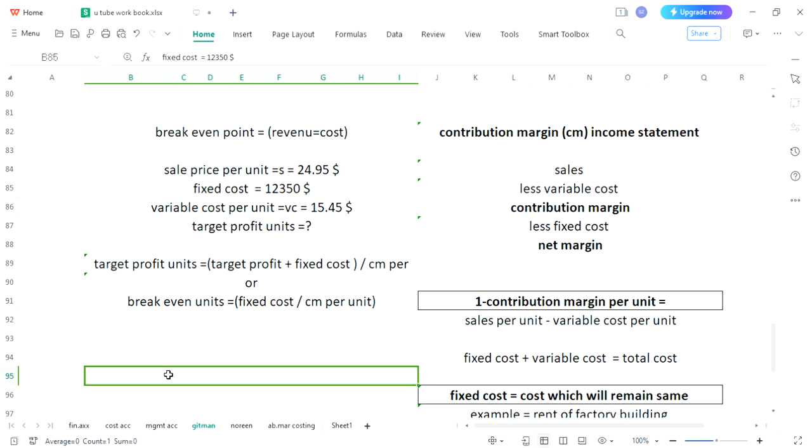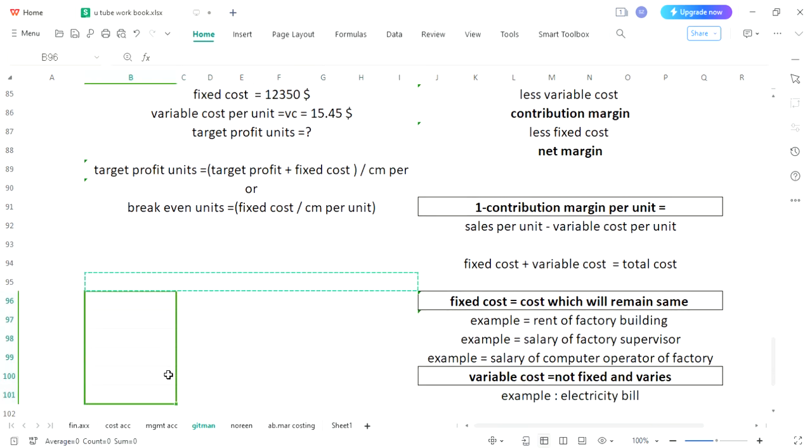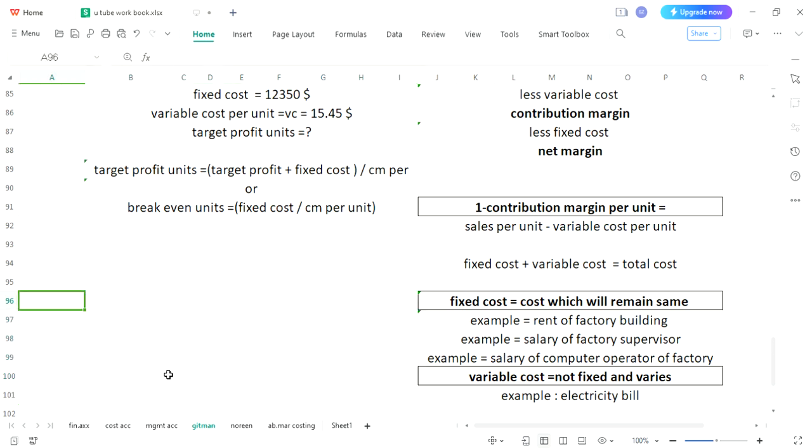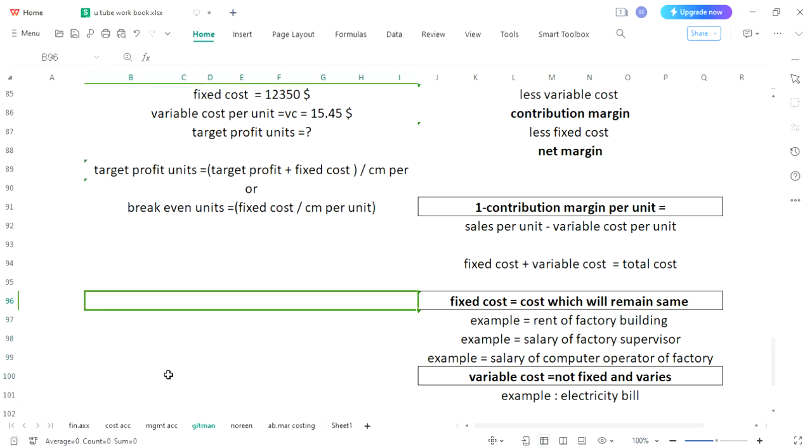Here we can have our CM per unit. This is contribution margin per unit, and I am writing it as CM per unit. It's just the same thing. And how will you calculate it? You need sale per unit, and will subtract variable cost per unit.